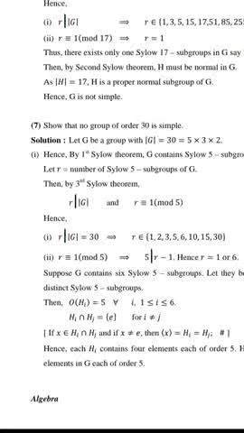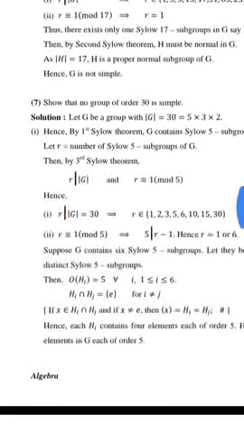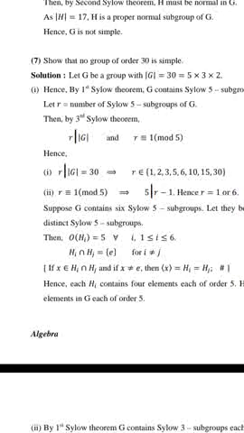Let R be the number of Sylow 5 subgroups of G. Then by the third Sylow theorem, R divides the order of G, and R is congruent to 1 modulo 5. Hence, R divides 30.